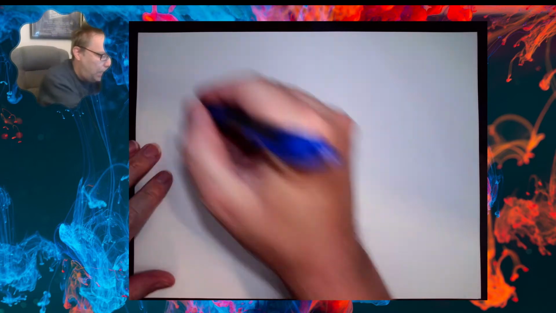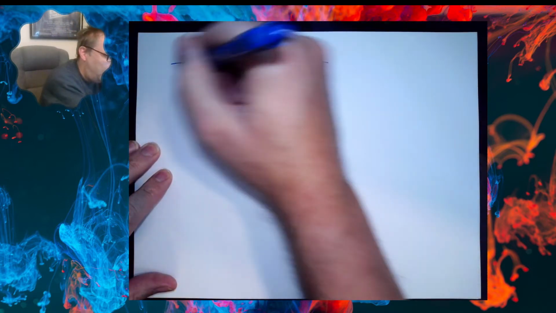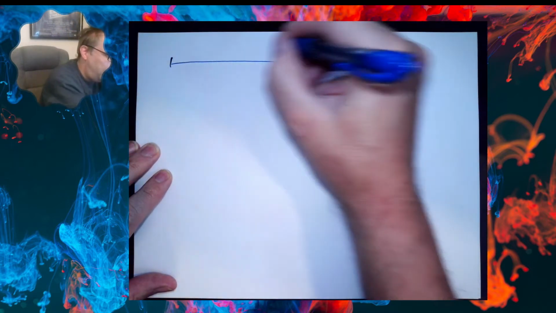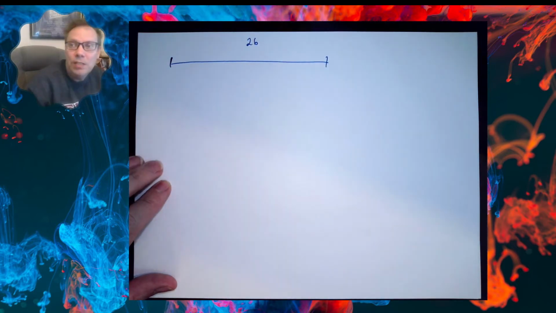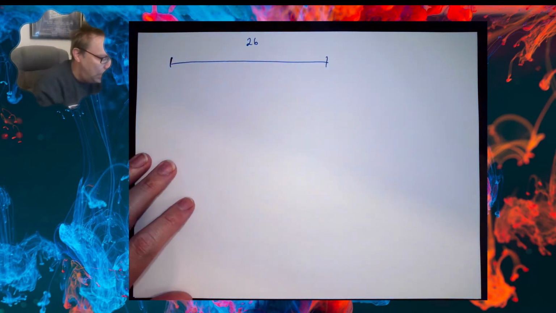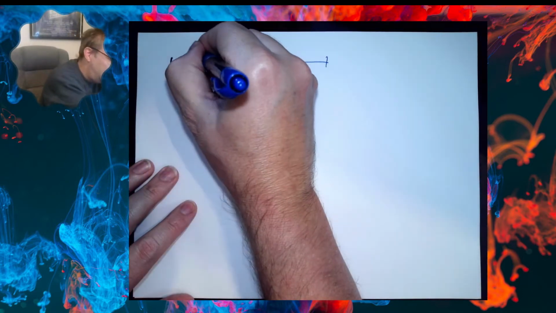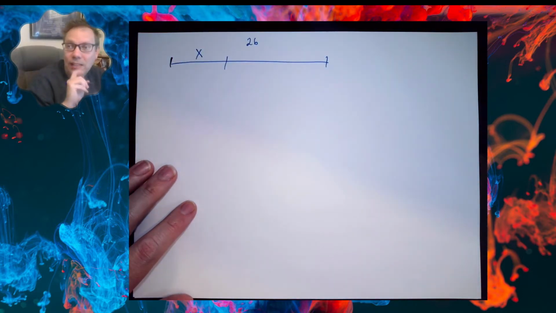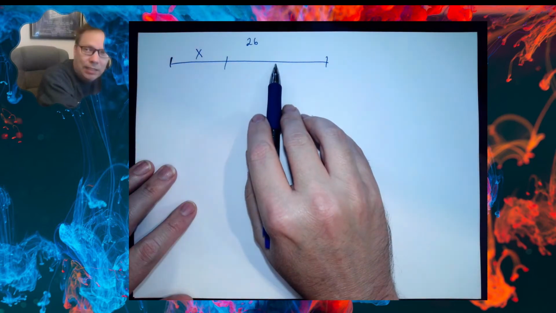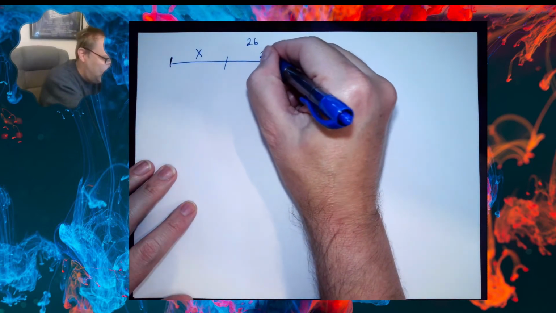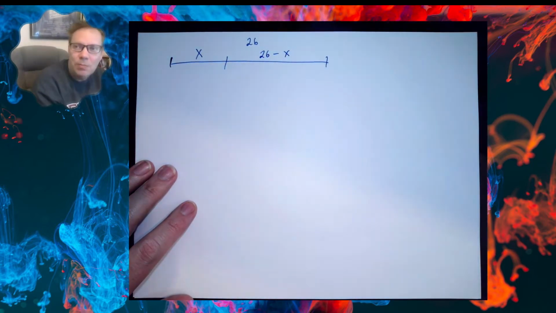This is going to be a little bit different in terms of the pictures that we normally draw. I'm going to have a piece of wire that's 26 meters long. I'm going to cut this. Now, this cut, I will label it with a distance x. Now, what's the remaining distance? Well, it's 26 minus x.